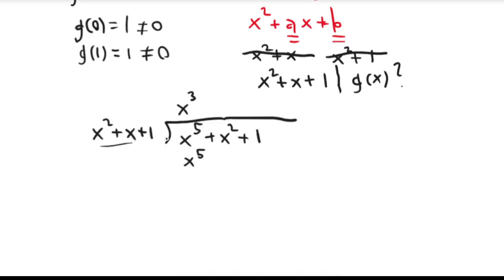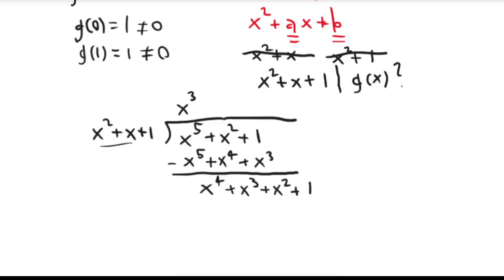If I multiply this by x to the third, I get x to the fifth plus x to the fourth plus x to the third. And if I subtract those in F2, since -1 is equal to +1 in F2, I have x to the fourth plus x to the third plus x squared plus 1 left over.